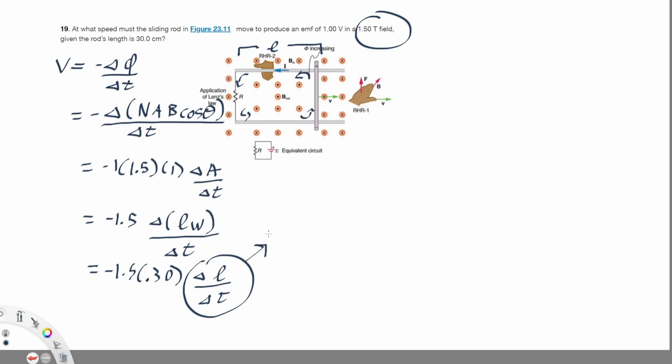Well, the speed at which that length is increasing is exactly what we mean by the velocity of that rod. Here, let me put hats on this voltage. So the voltage has hats, the velocity does not. And the voltage, I already know, is going to be 1.